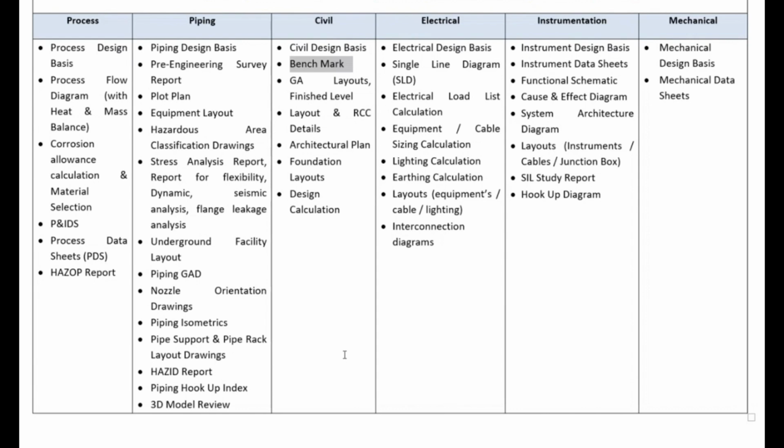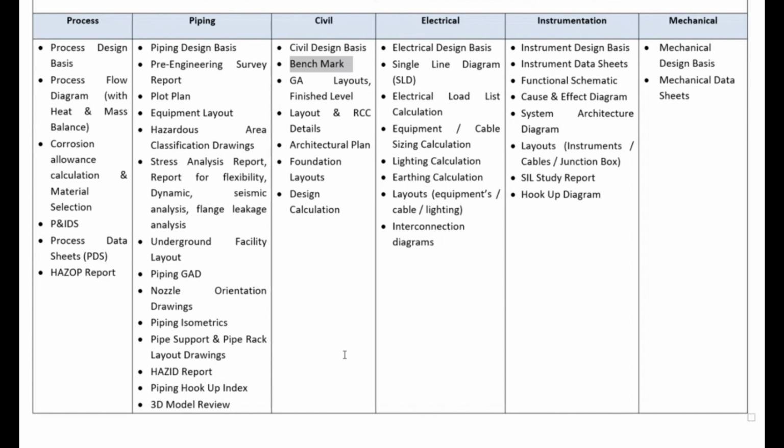So our plot is, say, 160 to 170 meters mean sea level. From the benchmark at 160 meters, you will decide all the foundations. If my compressor will be 2 meters above it, then the top of the foundation for my compressor will be 162 meters.